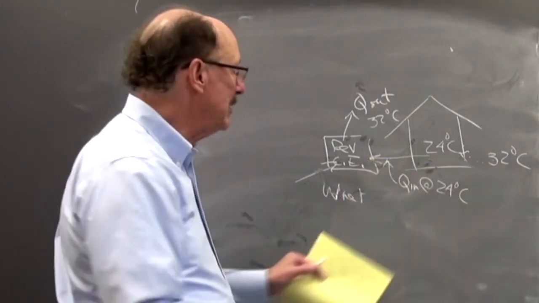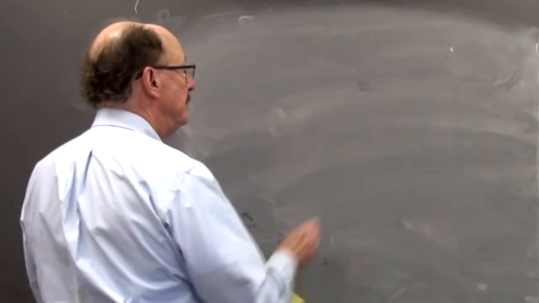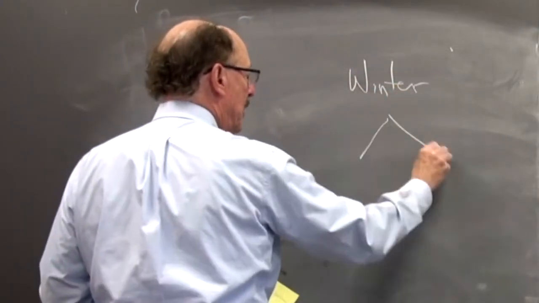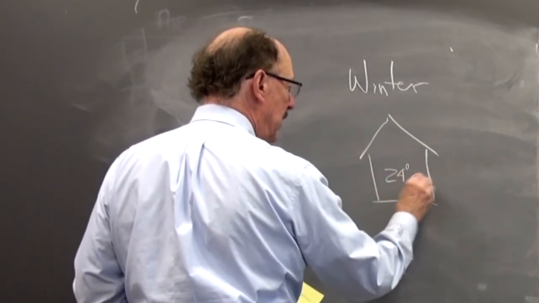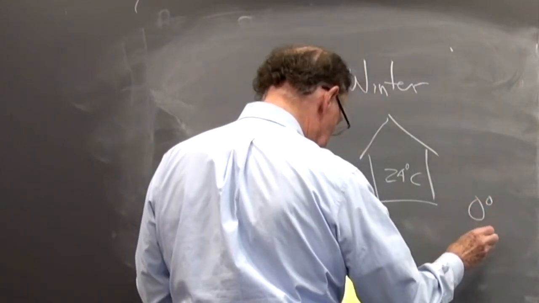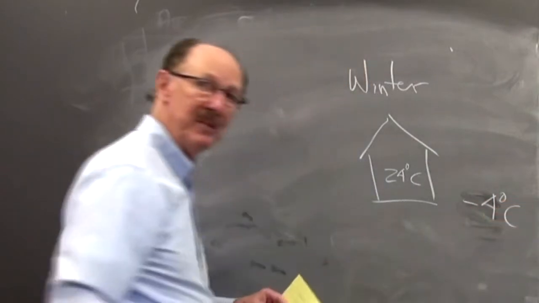What if this were the winter time? Let's change this to winter time. Now I'm going to have the same house, and I want it at 24 degrees C, and outside it's 0 degrees C. Well, I might as well make it minus 4 degrees C because I'm going to do an example like that.